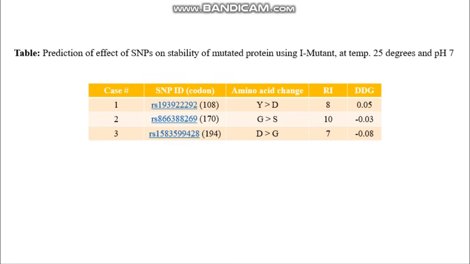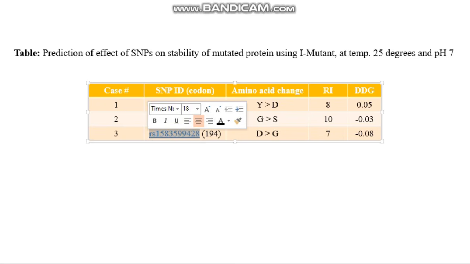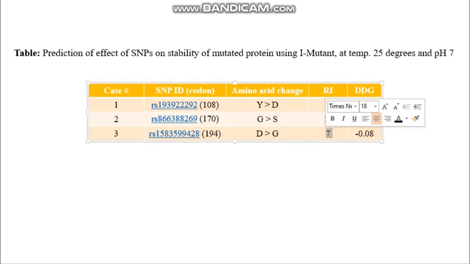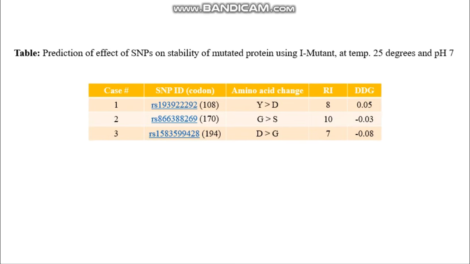While case 3 is presenting the SNP at codon 194, which is changing the amino acid D into G, and the reliability index is 7 and the DDG value is minus 0.08. So this tool can be used only for predicting the effect of missense mutations on the overall stability of the protein. Thank you so much.